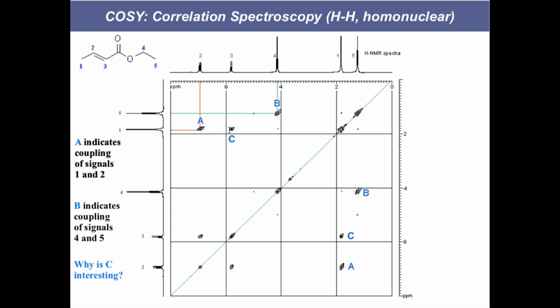C is very interesting. 1 and 3 appear to be correlated. Why would that be? Why would 1 and 3 be correlated? Well, it's because of the geometry of that double bond.